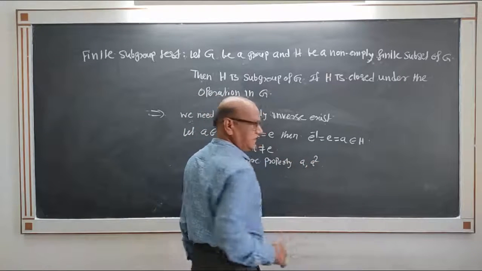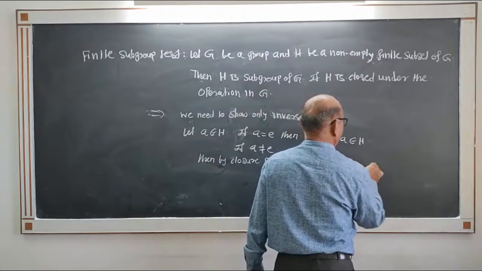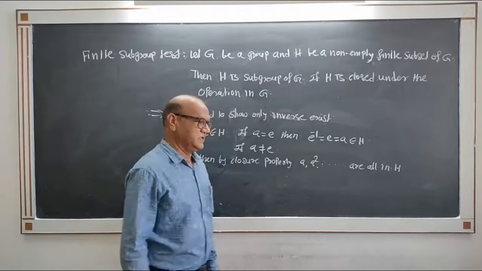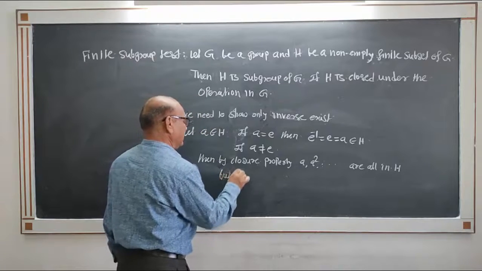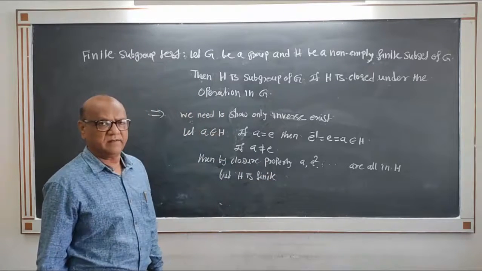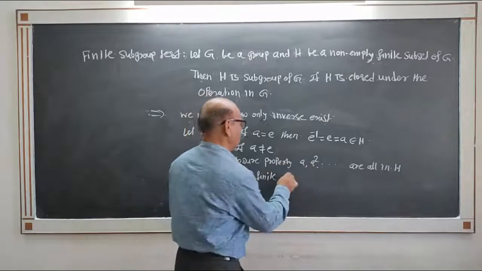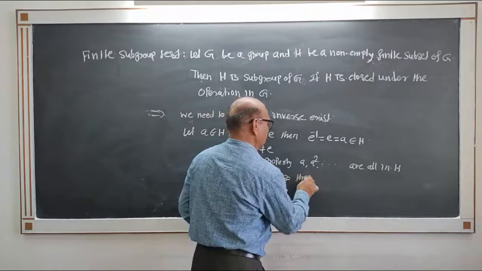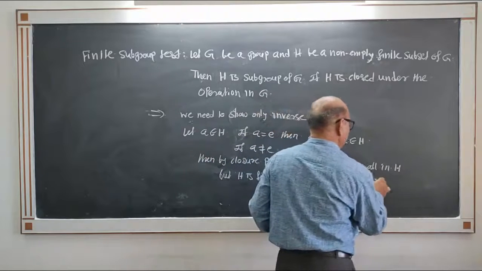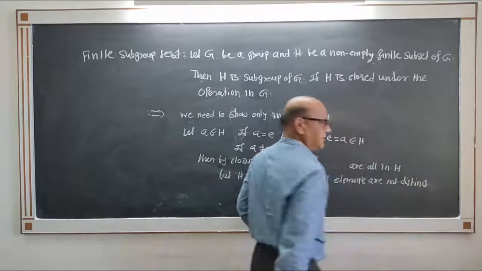A, A square, and so on are all in H. This sequence is all in H. But H is finite, and so these elements are not distinct.